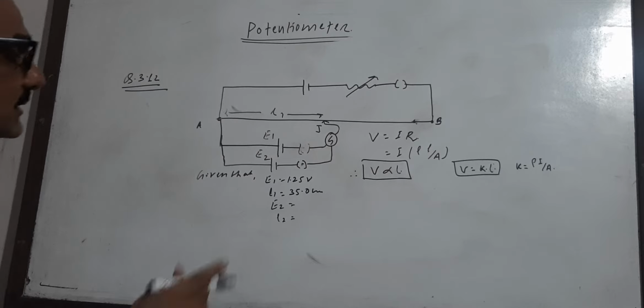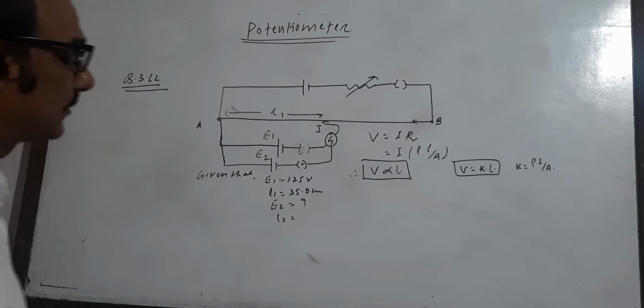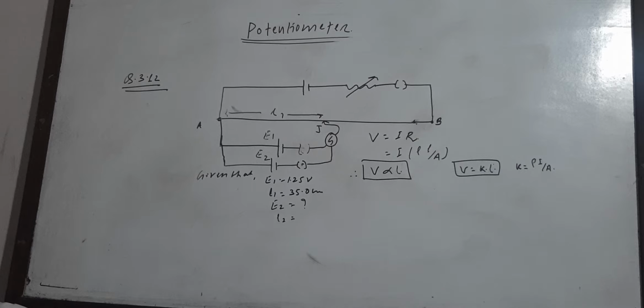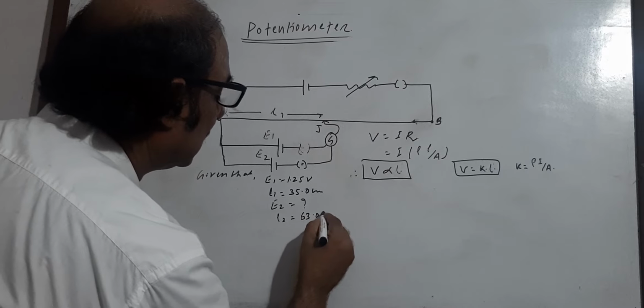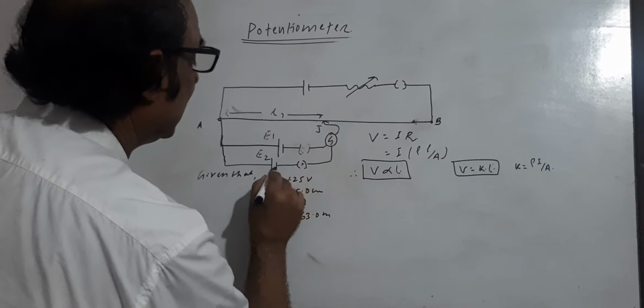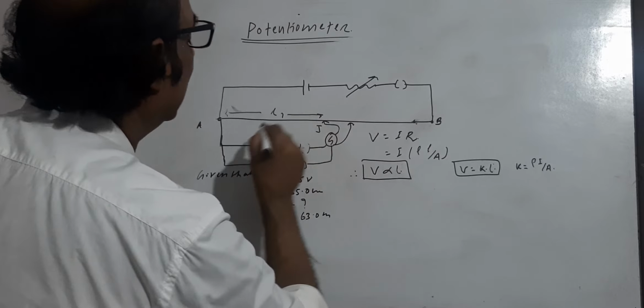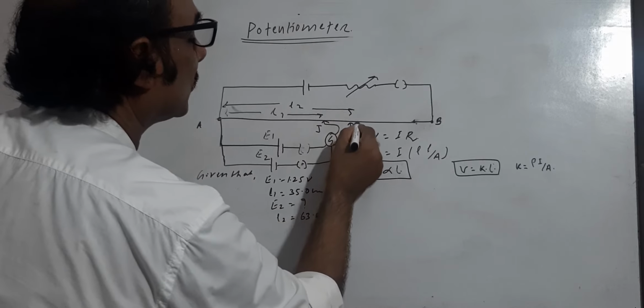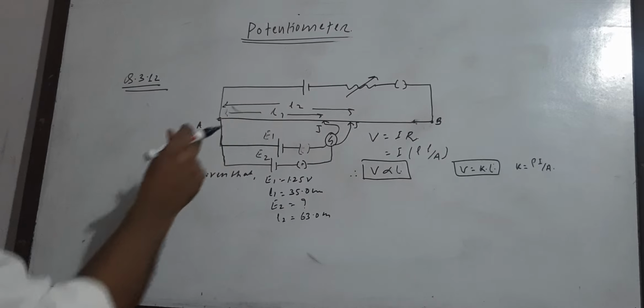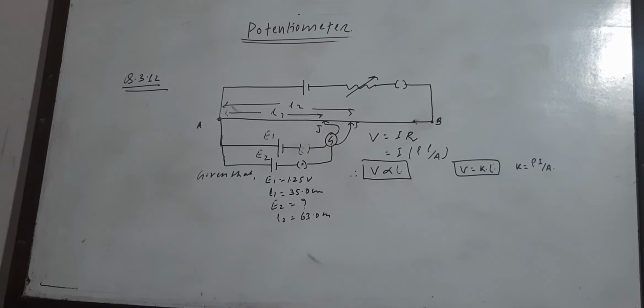What is the EMF of the second cell, if the balancing length for E2 is L2 equal to 63.0 centimeter? It means the second balancing length for E2 is like this, this length L2. Now the jockey is in contact with the wire at the second position like that.